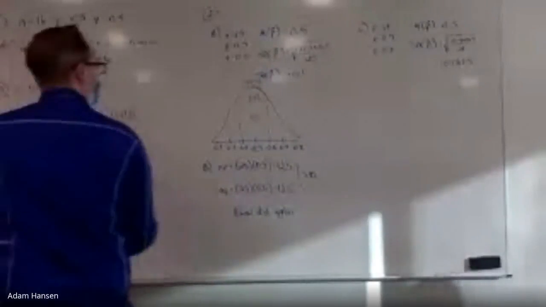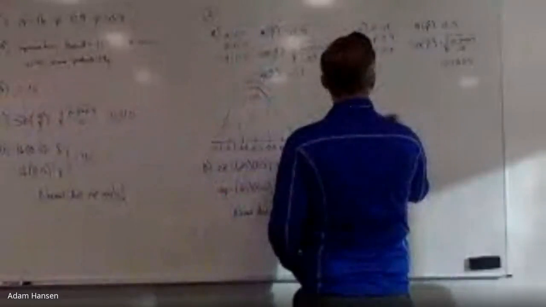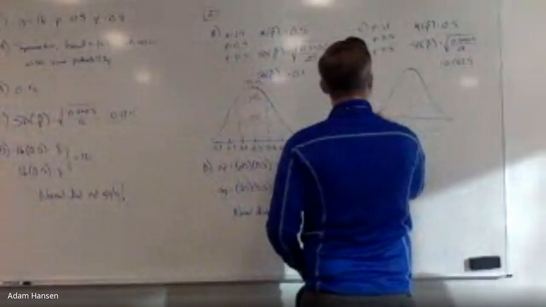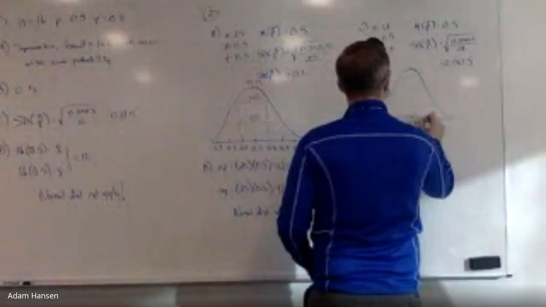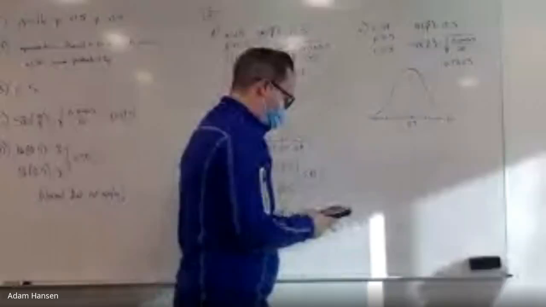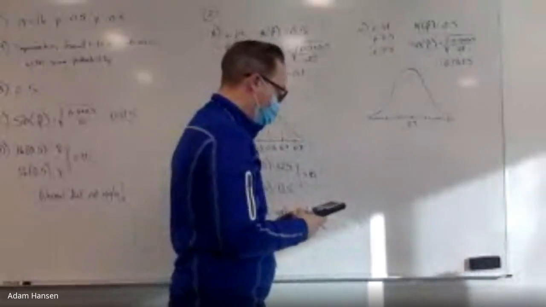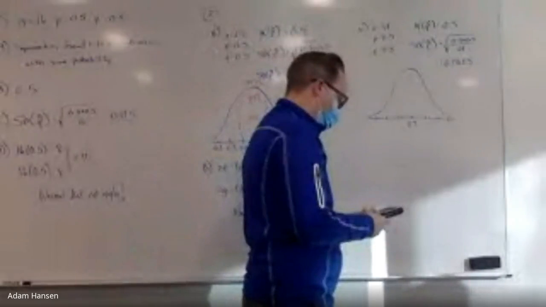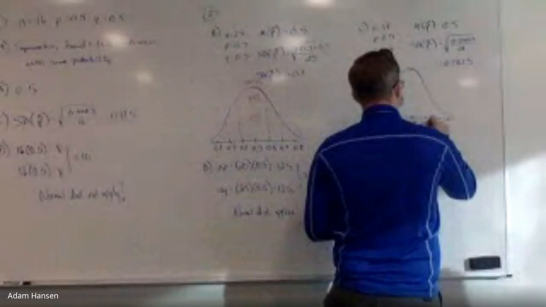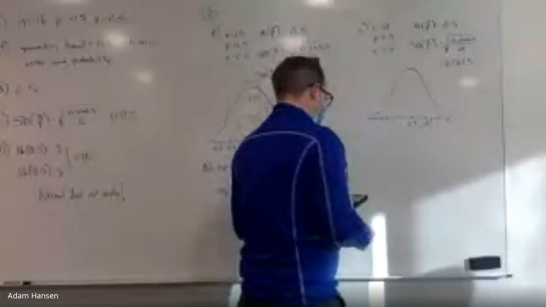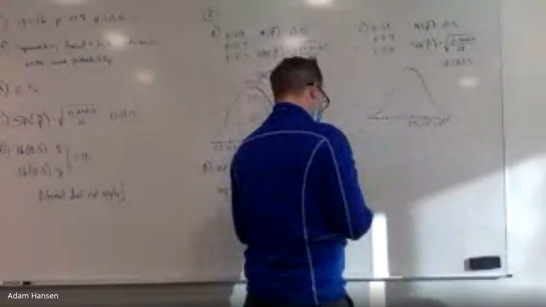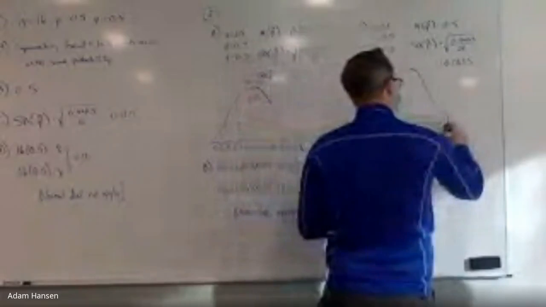Let's see, draw a normal curve. Label the correct distributions. 50% plus 0.0625 is 0.5625, obviously. 0.5625.